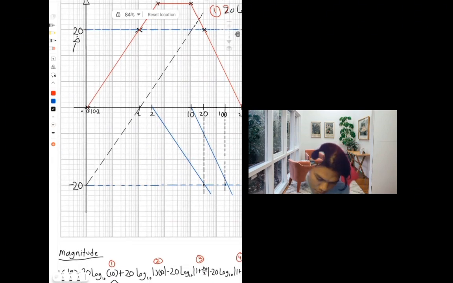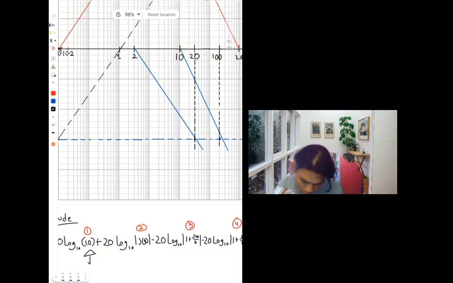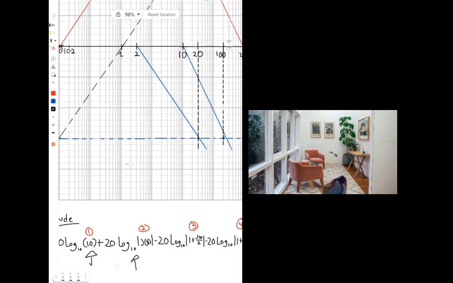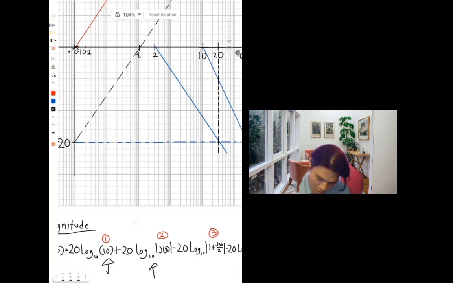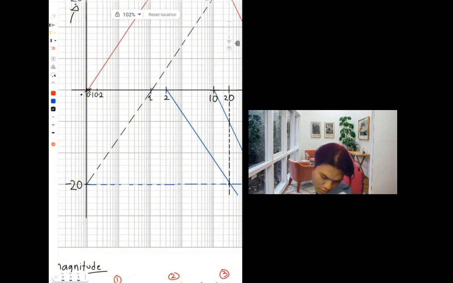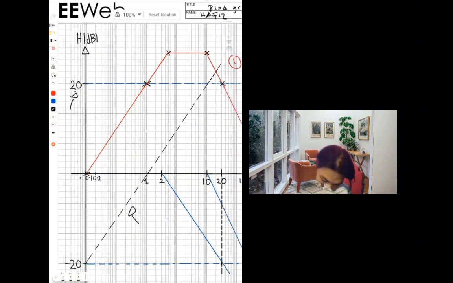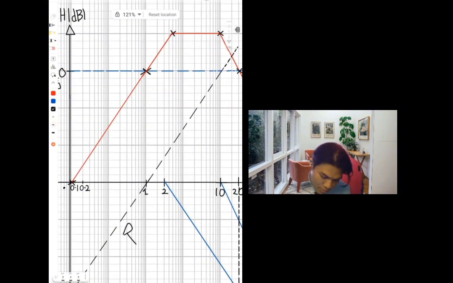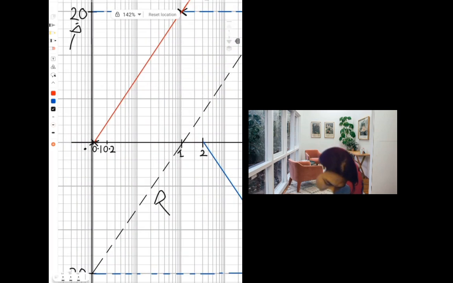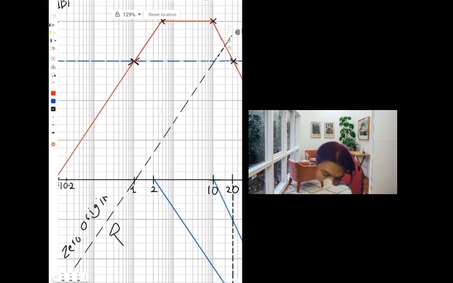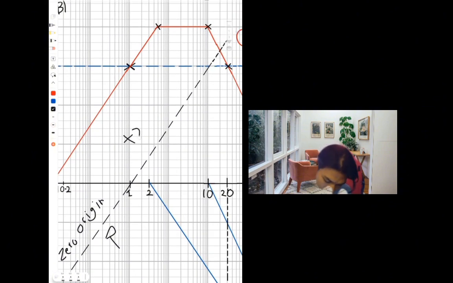So the second one from the equation, this one is for j omega. So j omega is zero origin. So this is a cut off. So from the cut off, we know this will be cut off. Alright. So this will be zero origin, will be plus 20 dB.